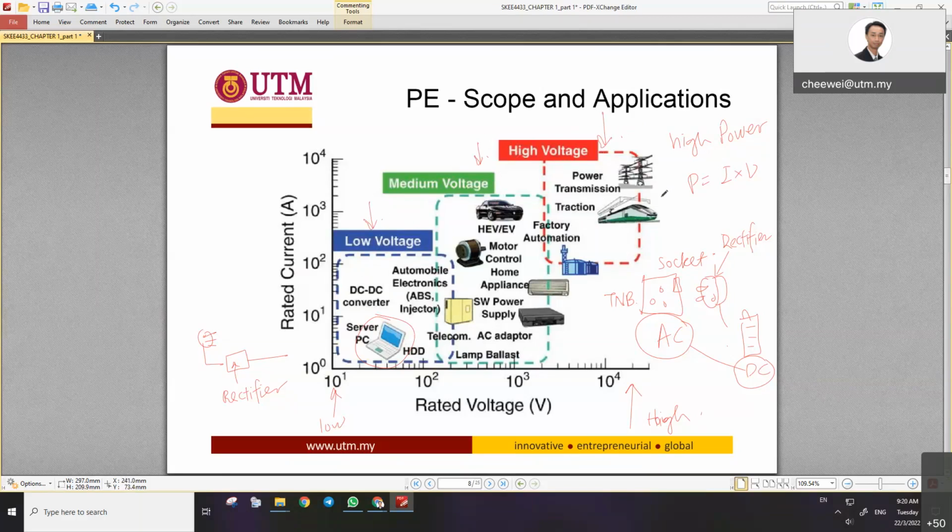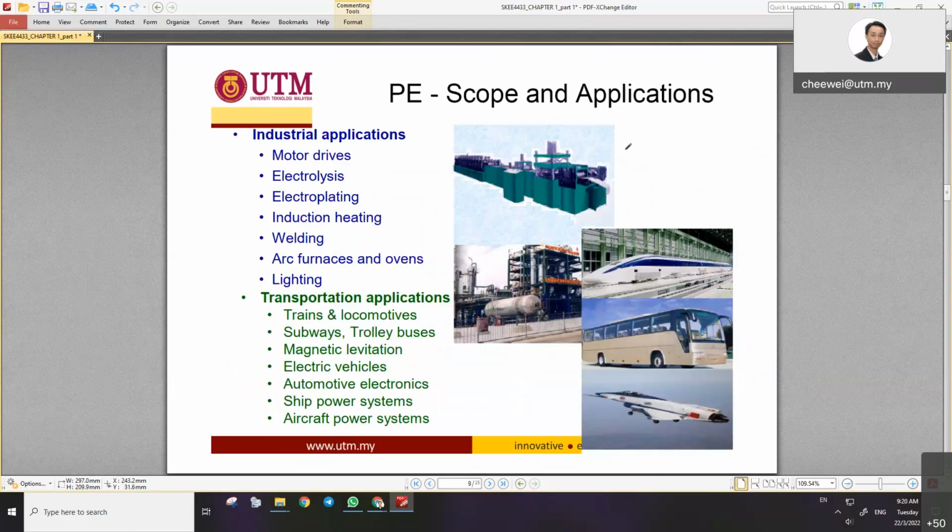So all this requires power electronics, right? And we can go through some of them. There's actually a lot, but I'll just go through the scope only. In industry, you can use a lot, because they deal with conveyors, automation, and motor drives are required because all this requires moving parts.